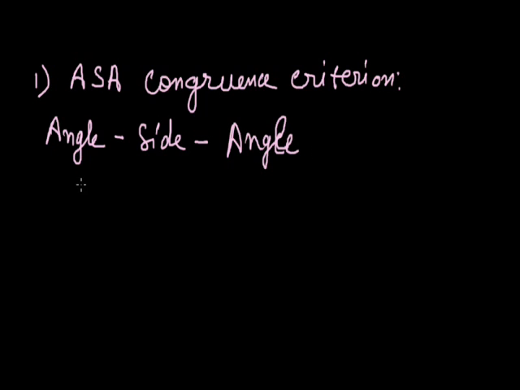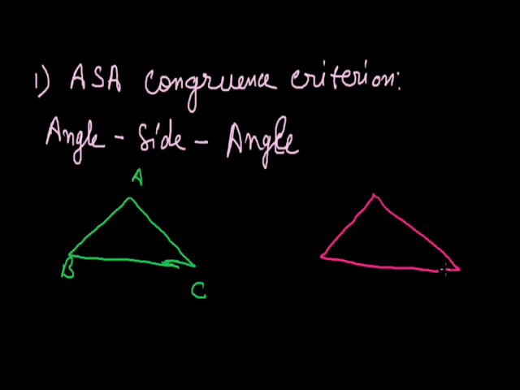According to this criteria, if we are given two triangles ABC and the other triangle PQR, then this criteria says that the triangles are congruent if the two angles and the including side of the two triangles are correspondingly equal.